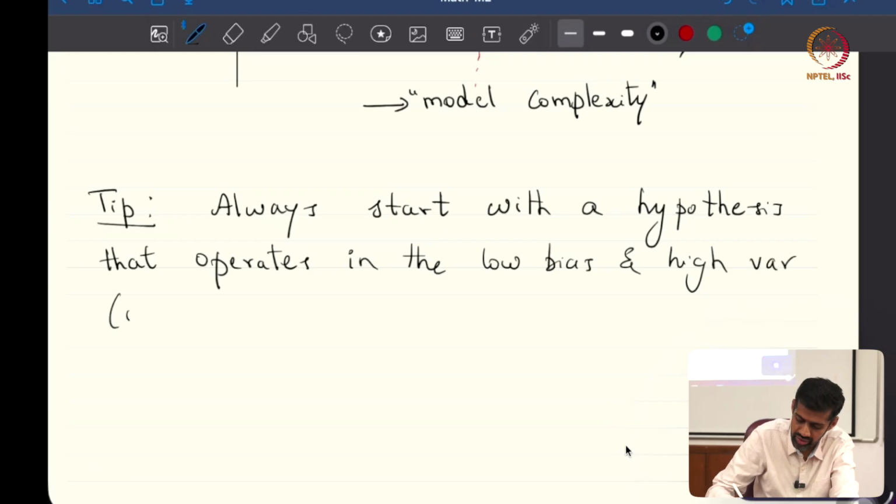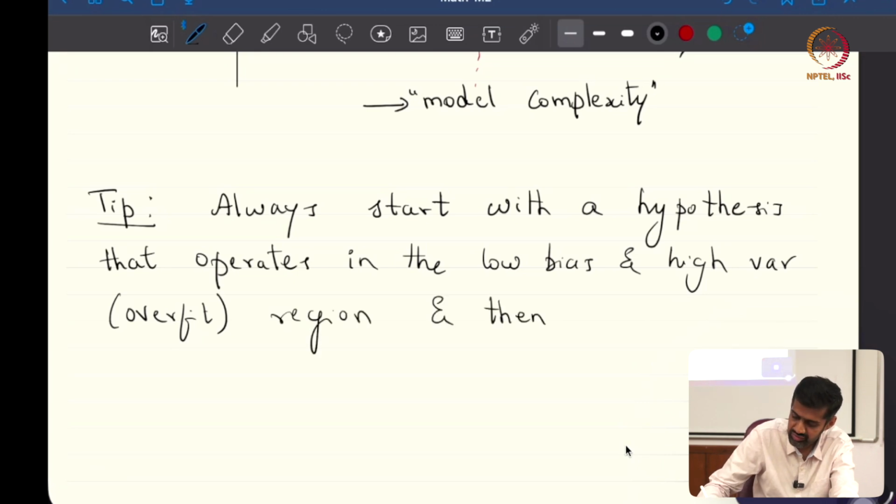It's called the overfit region, and then push back, or rather push it out of that region, via over parameterization.